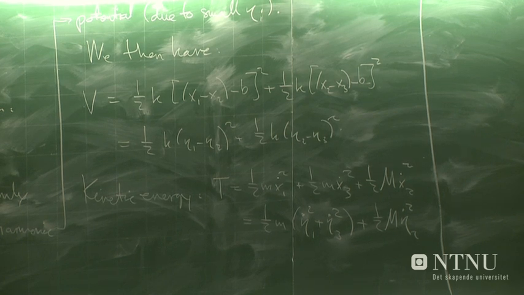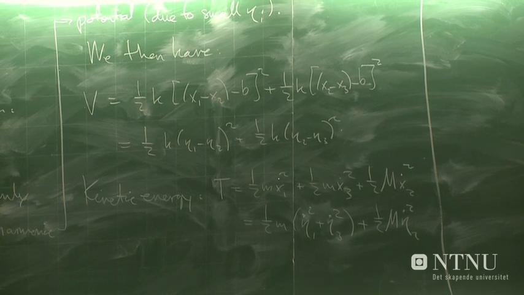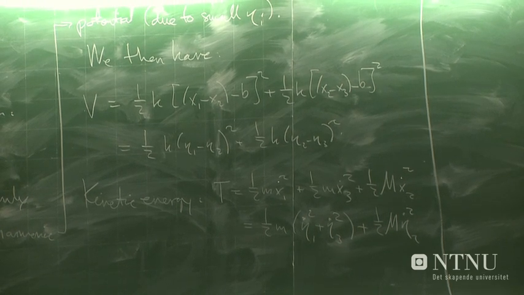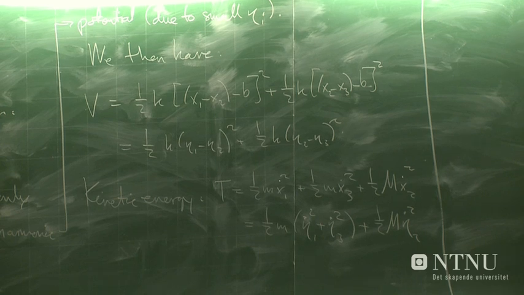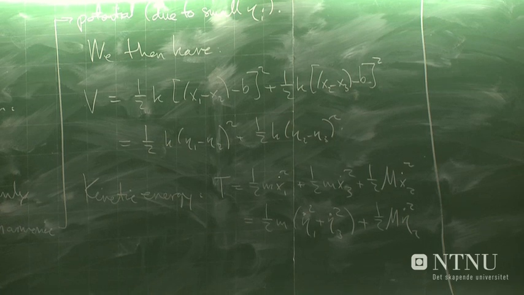And we stated here initially that we're considering a free linear symmetric triatomic molecule. So far, we've taken into consideration that it's linear, it's symmetric, and it's triatomic. So what about the free aspect?